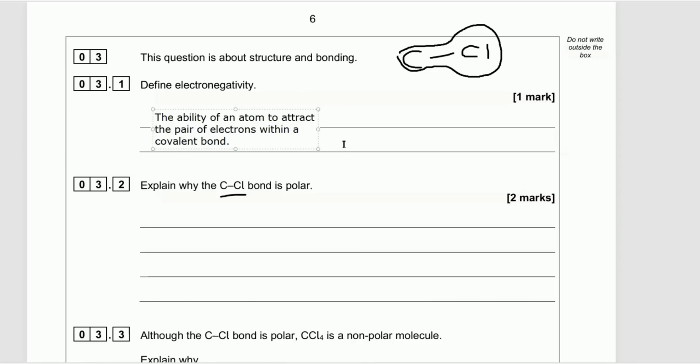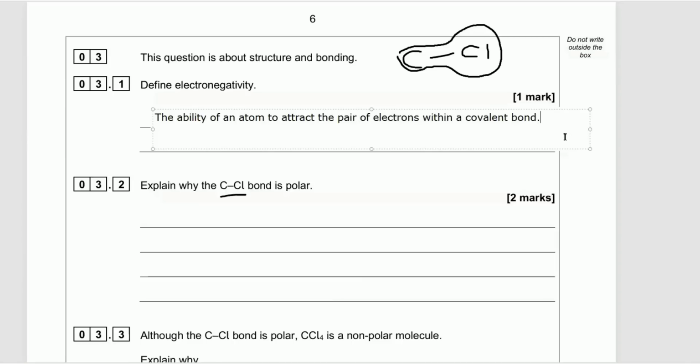Instead of saying a pair of electrons, you could say the electron density, or the electron cloud, around a covalent bond. I think we could just say electron density. Some people use the term electron cloud, so you'll have to check your mark scheme to see if electron cloud is allowed.